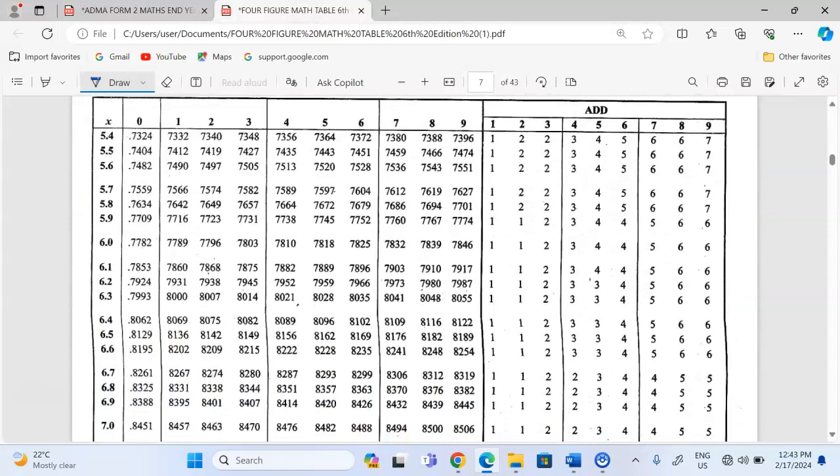So we go to 65, then 8, which is here. Then again at 8, because we want 6588, we add whatever is at 8, and this is 6. So we get 8188.